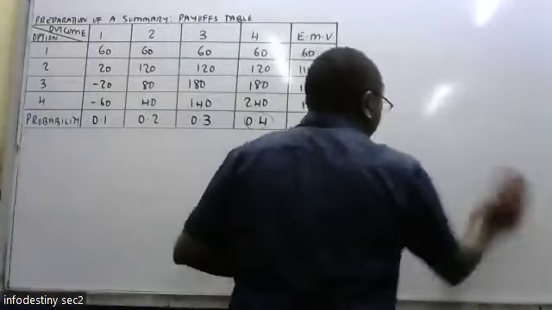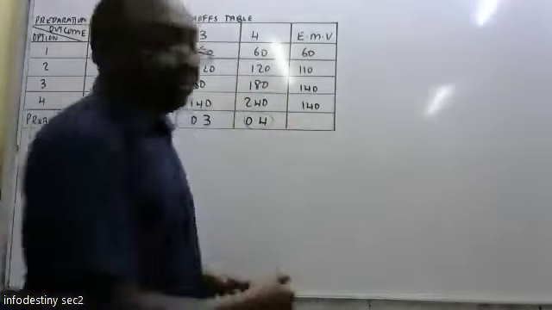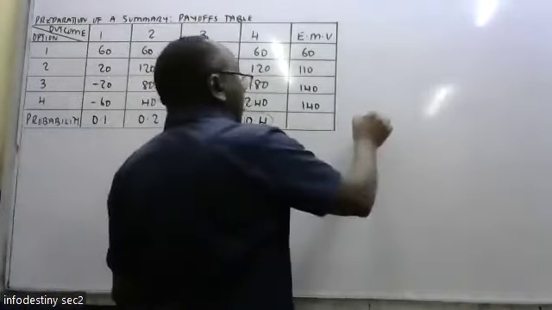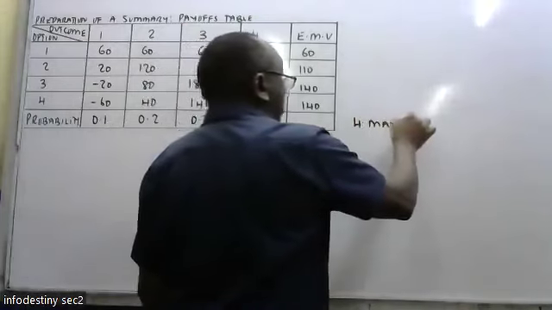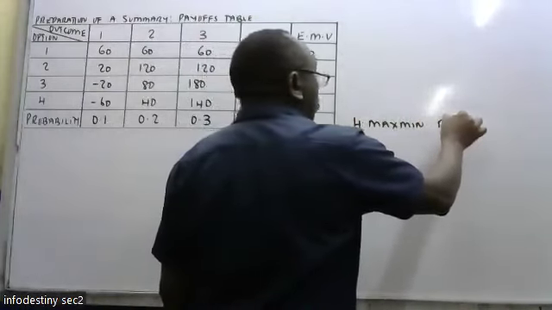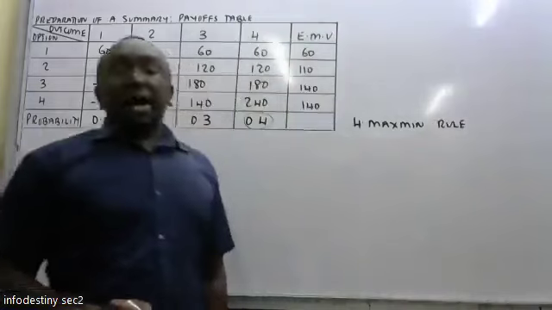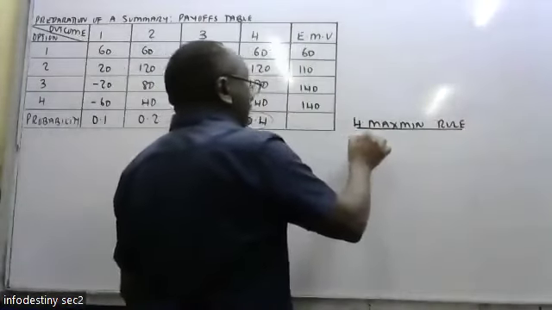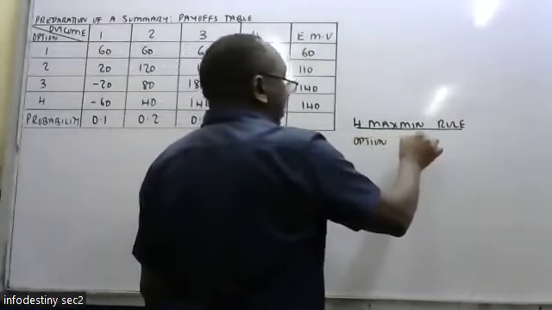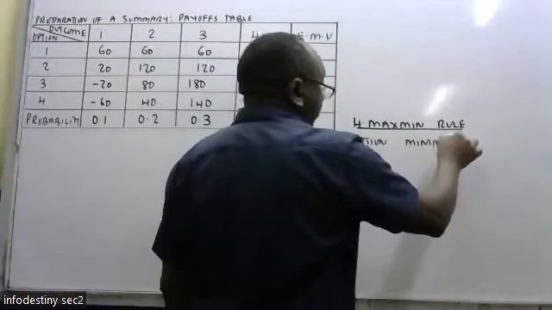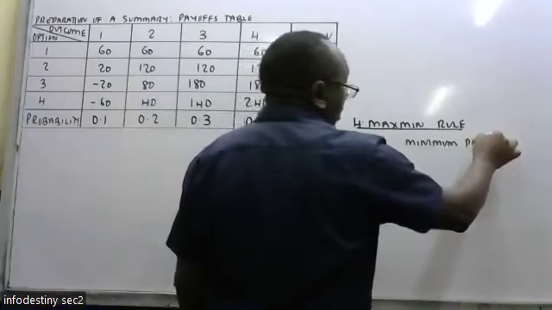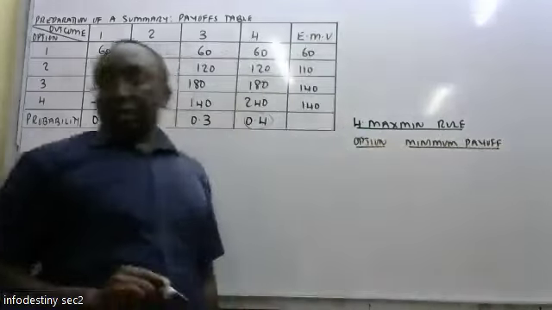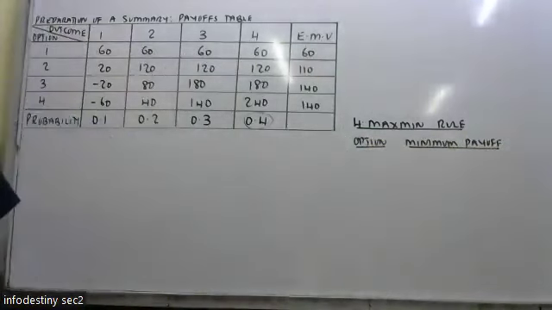That was number 3, now number 4. Number 4 is called the max-min rule. Here you write option and then minimum payoff.